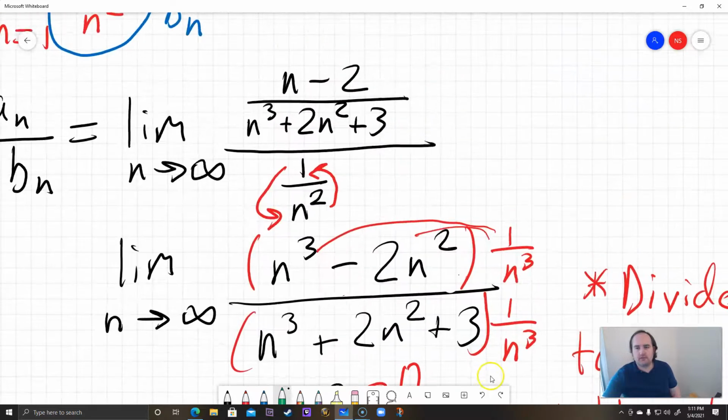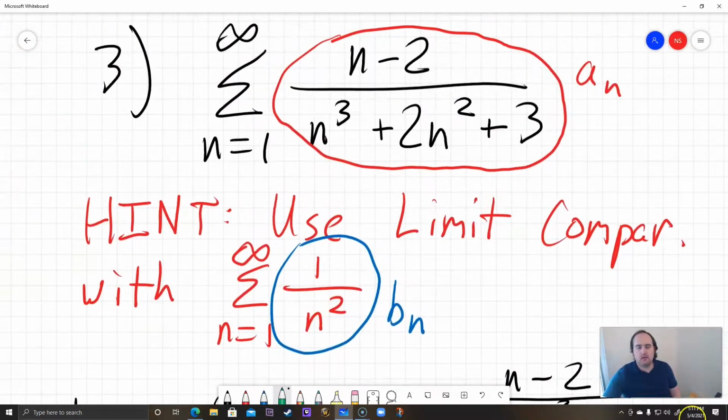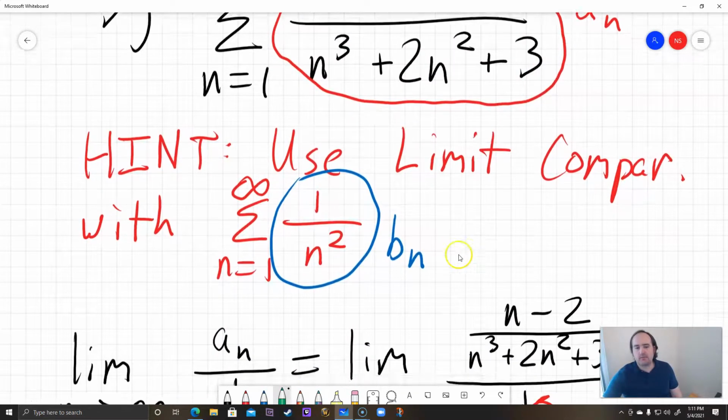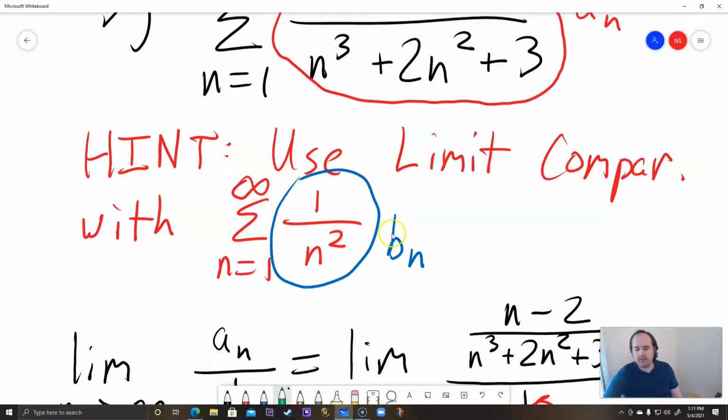Okay, but the series that we had were 1 over n squared, and then we had this big one, n minus 2 over n cubed plus 2n squared plus 3. But the 1 over n squared, our Bn, we know that one is once again a p-series.